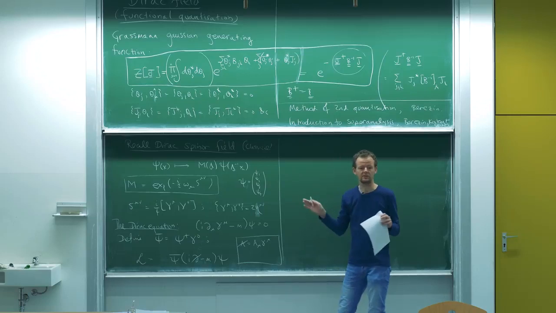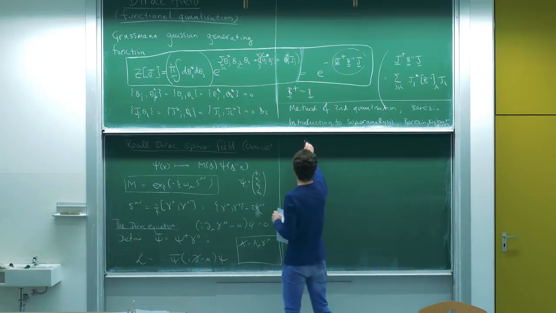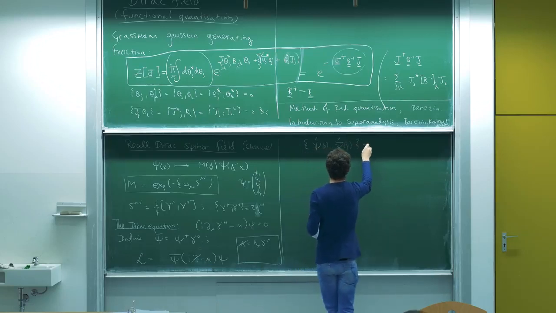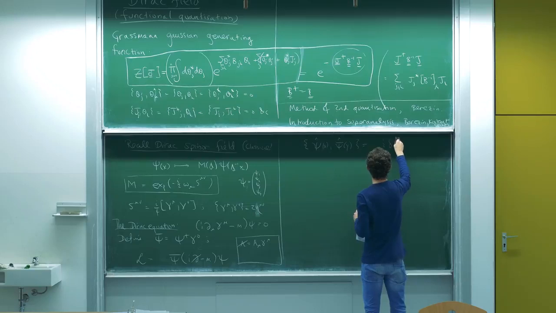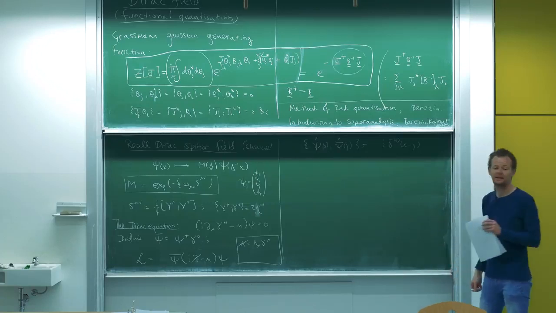To build a classical Dirac field, we should really want it to be anti-commuting, because we have this, remember when you quantize the Dirac field, you have this, you quantize the Dirac field according to the anti-commutators.